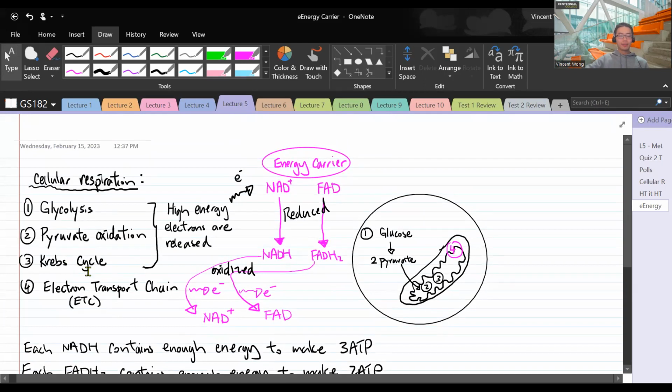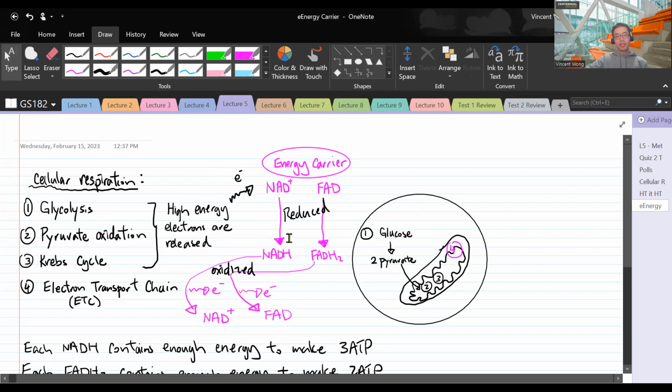So let's go back here. We were saying the first three steps, glycolysis, pyruvate oxidation, Krebs cycle, high energy electrons are released, right? Those high energy electrons are like little passengers. They get on the carriers, the NAD plus and FAD.